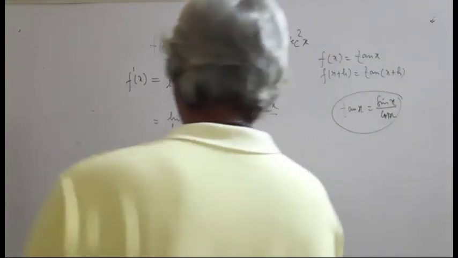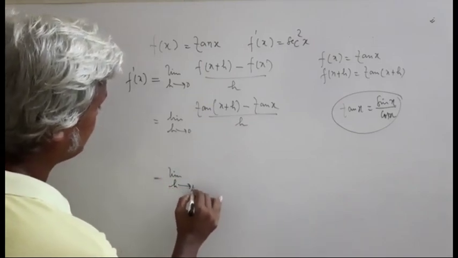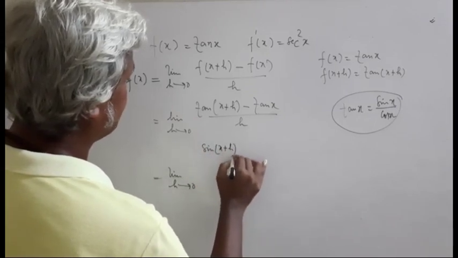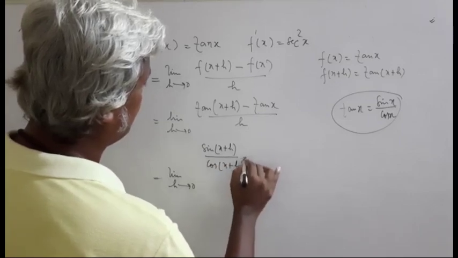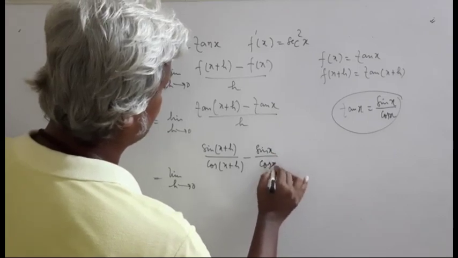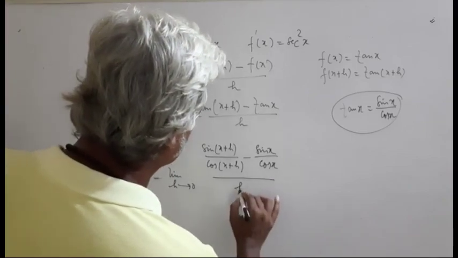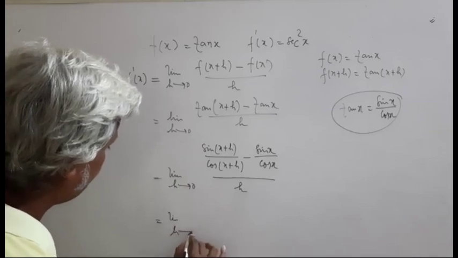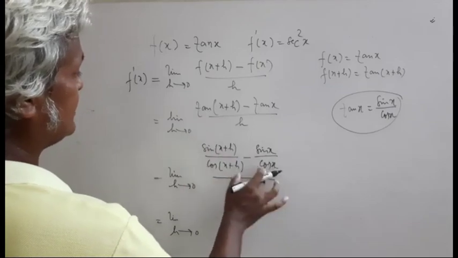So this becomes limit h tends to 0, sine(x plus h) over cos(x plus h), minus sine x over cos x, and whole divided by h. So here I write limit h tends to 0. If you take the LCM, then you get sine(x plus h) into cos x.